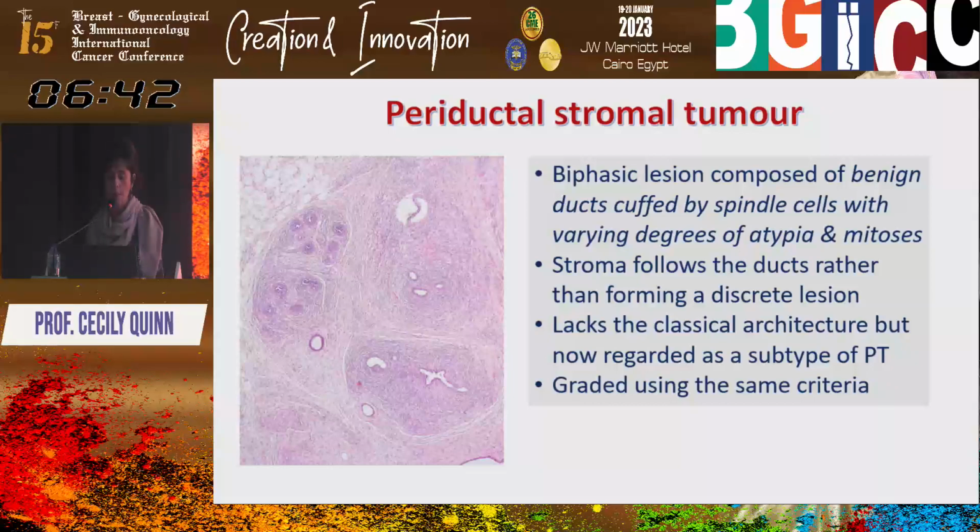It doesn't form a discrete lesion. It is biphasic. It doesn't have the typical architecture. However, it is now regarded by WHO 2019 as a proper variant of phyllodes tumor, and it is graded using the same criteria. Fortunately, these are rare lesions because I think really grading them is quite challenging.